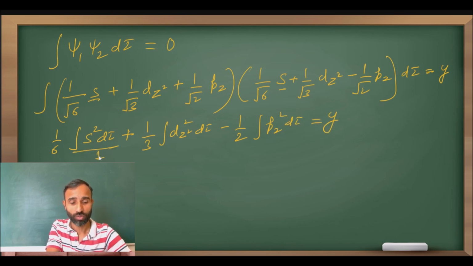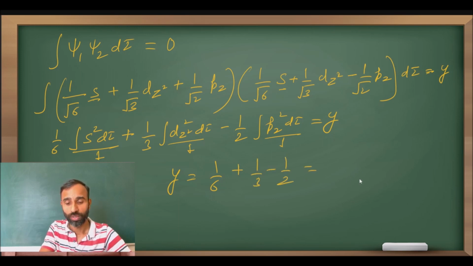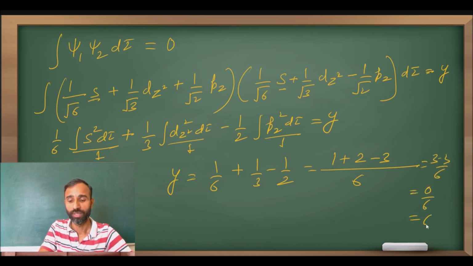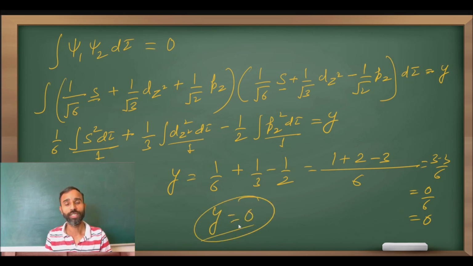Each integral is 1. So y is equal to 1 by 6 plus 1 by 3 minus 1 by 2. 6 is the LCM: 1 plus 2 minus 3. That means 3 minus 3 by 6, which is 0 by 6, 0. So y comes out to be 0. So we have proved that psi1 and psi2 are orthogonal to each other.